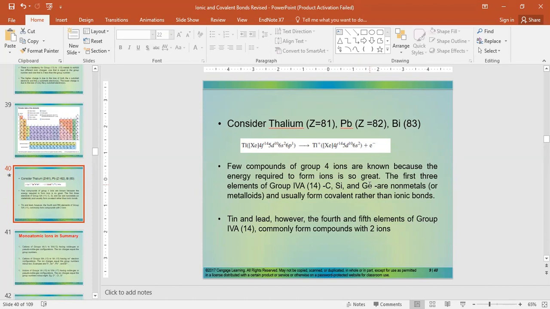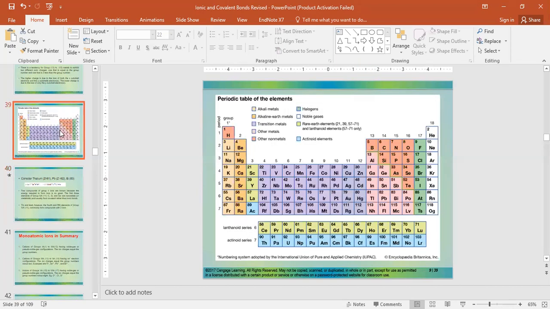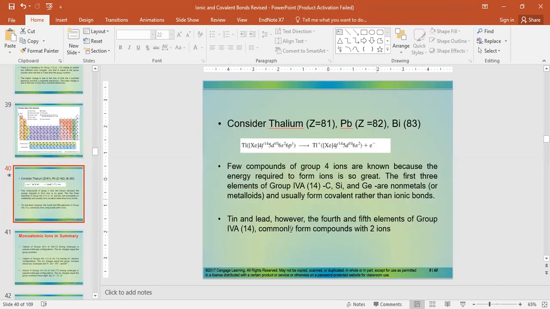But when you go down to tin, lead, and flerovium, they have some ionic character. And that is why we are saying that lead and tin, which are the 4th and 5th elements of the group, will actually form ionic compounds with 2 ions. Now, these ionic compounds could be 4+ or 2+, but again, I'm going to discuss which of the 2 is more stable than the other.